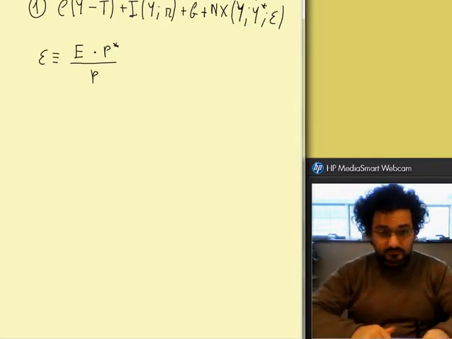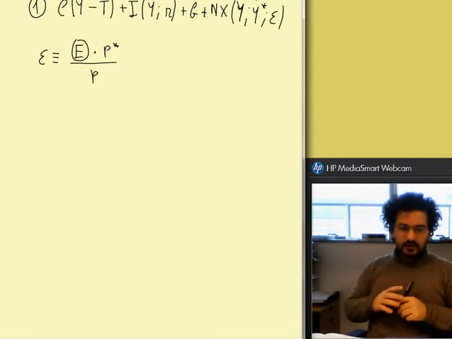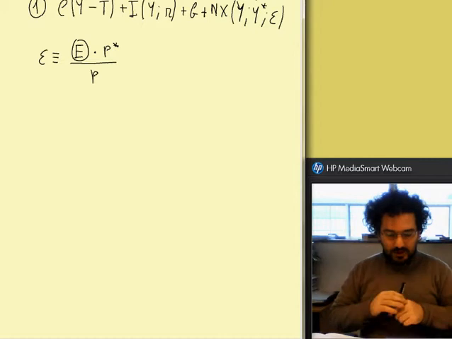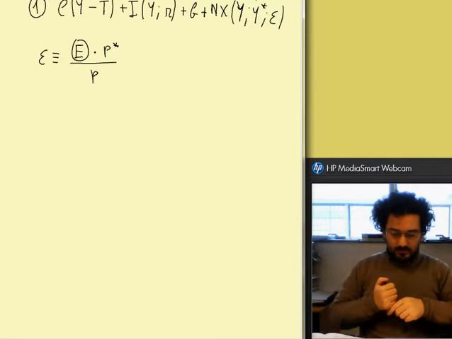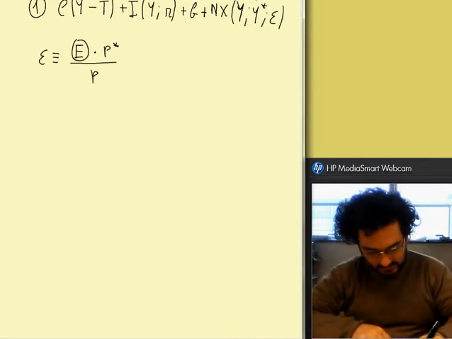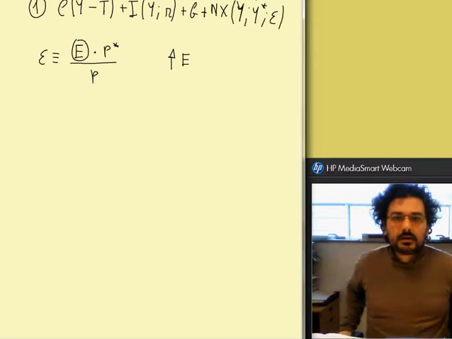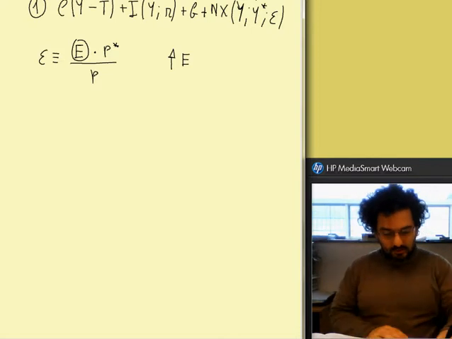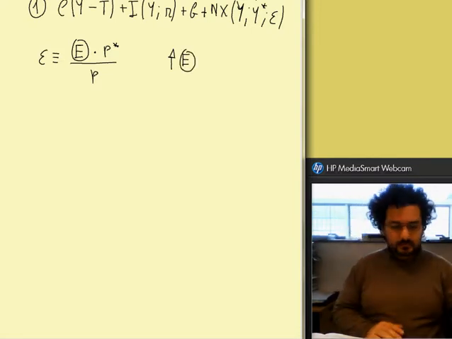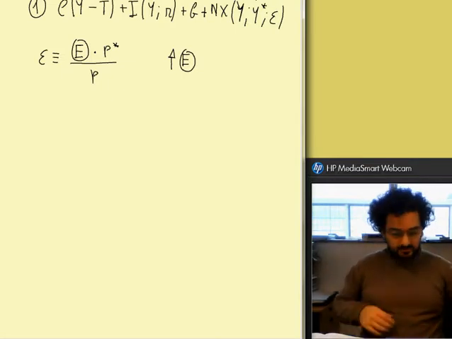What does it mean? E is the nominal exchange rate, and it is defined as the price of one unit of foreign currency in terms of national currency. This means that if we have an increase in the exchange rate E, we have a depreciation, because we need more national currency for one unit of foreign currency.